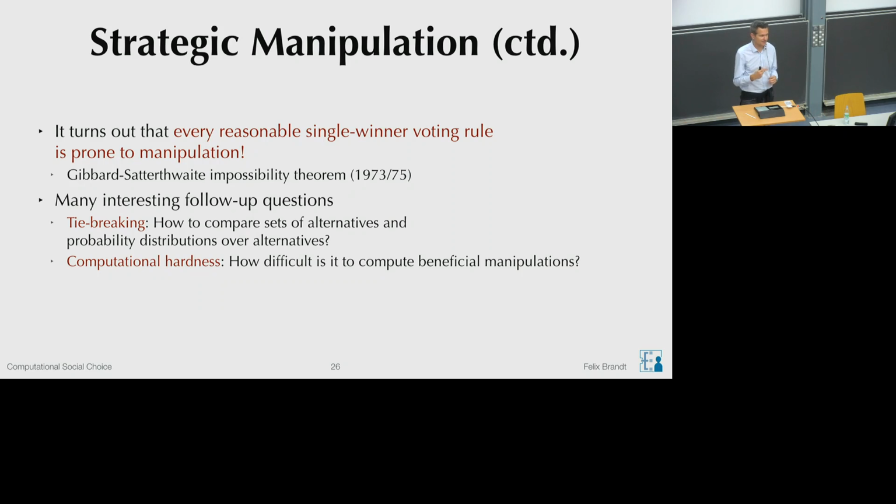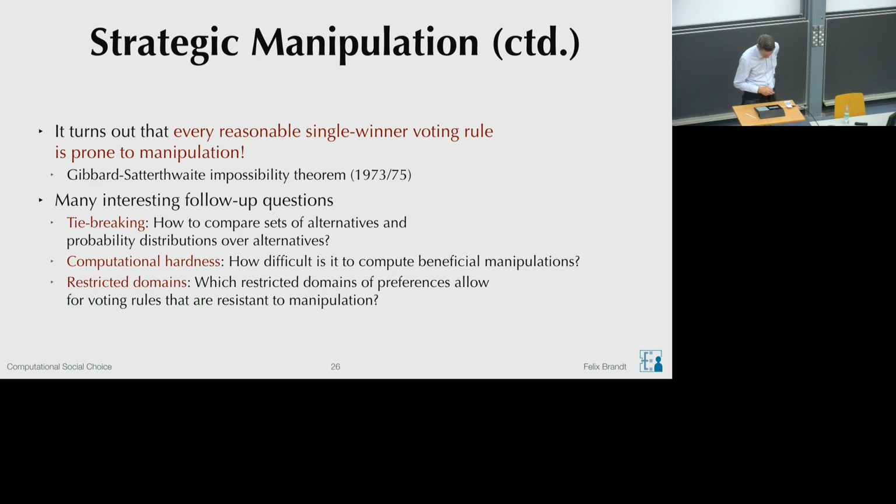In the Borda example, it was pretty simple: you need to figure out how to lie about your preferences in order to get a better outcome. But there are some rules for which it is difficult, in the sense of NP-hardness, to find a beneficial manipulation. So NP-hardness can be used as a shield against manipulation, because you can manipulate in principle, but figuring it out is a computationally hard problem. This approach has some drawbacks, however. We are going to talk about this later in the course.